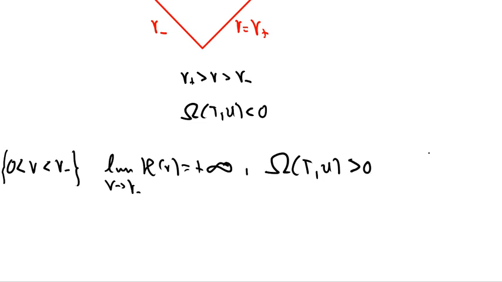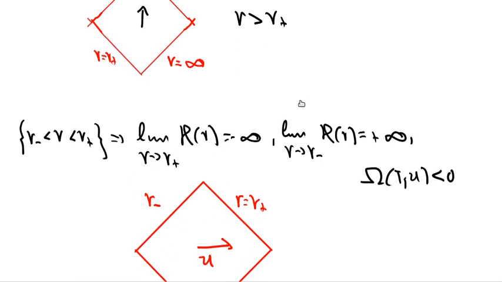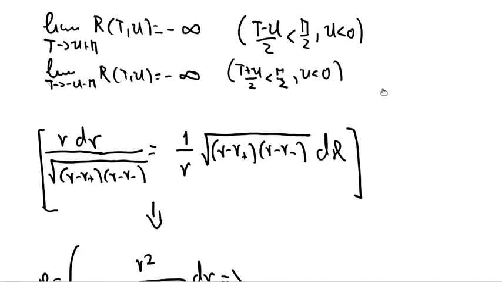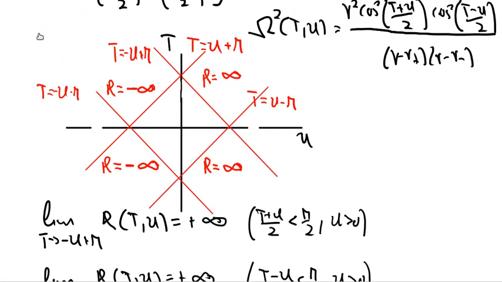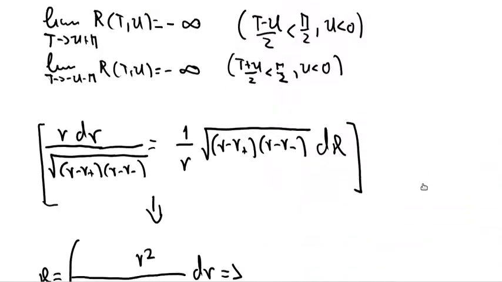I'm going to explain this case with a bit more detail. This is similar to one of the regions of Schwarzschild, but just to make sure that everything is understood properly, I'm going to bring this down.